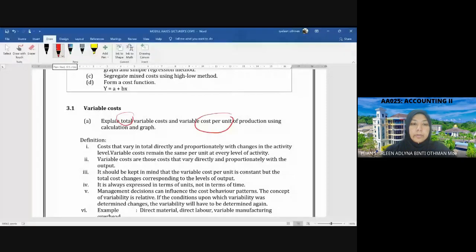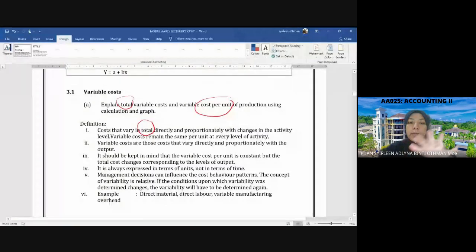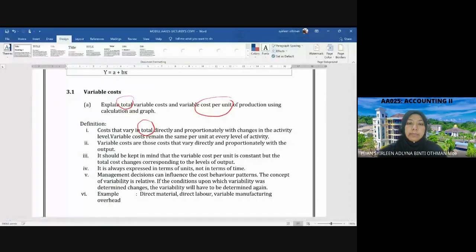So kalau you tengok dekat sini, variable dalam bentuk total, dia ialah berubah-ubah. Nilai dia adalah berubah-ubah. Sebab yang ini dia directly and proportionately akan berubah ikut activity level.